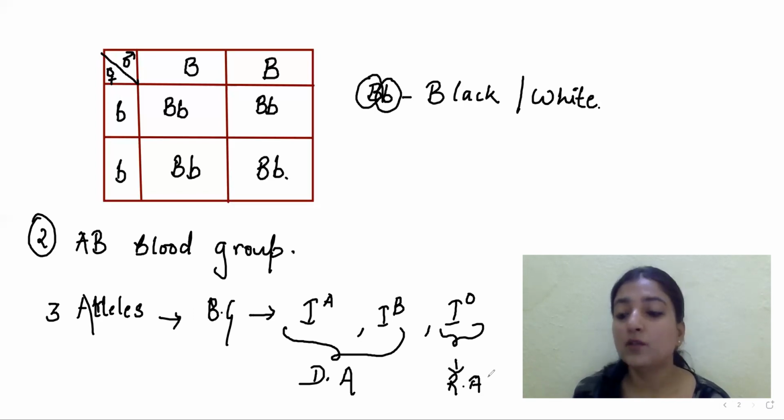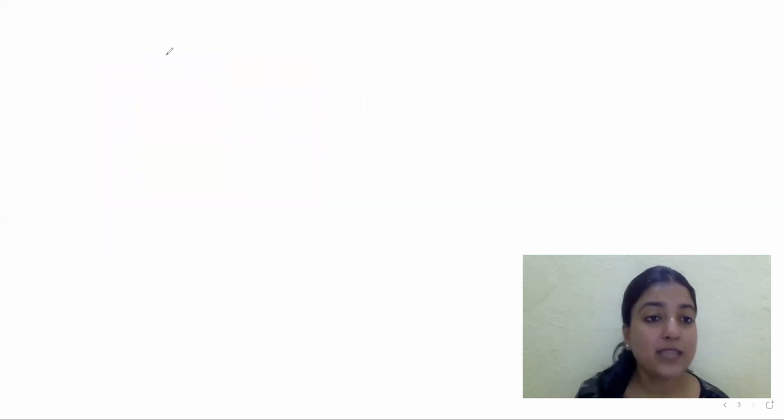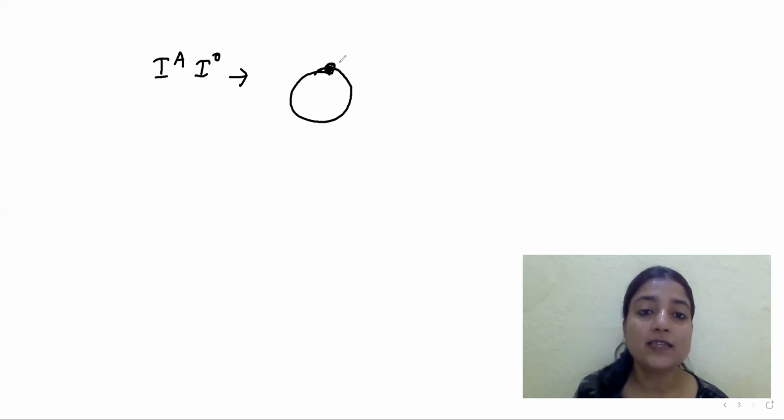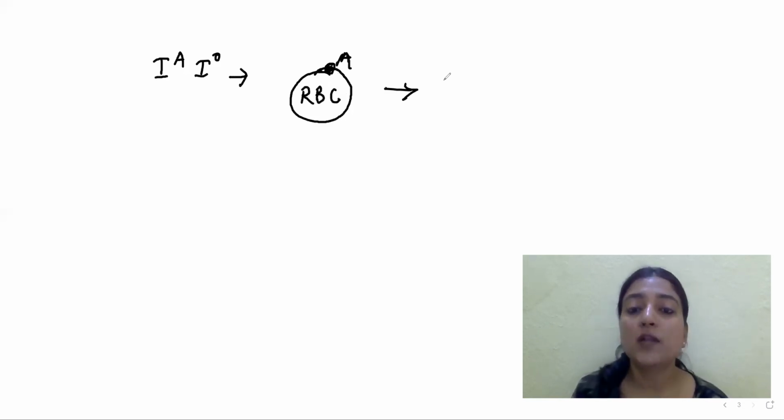Let us take one example. If IA and IO are present, then on the surface of the RBC there will be one antigen, the A antigen. Because this is producing the A antigen on the surface of the RBC, the blood group of the human being will be A blood group.